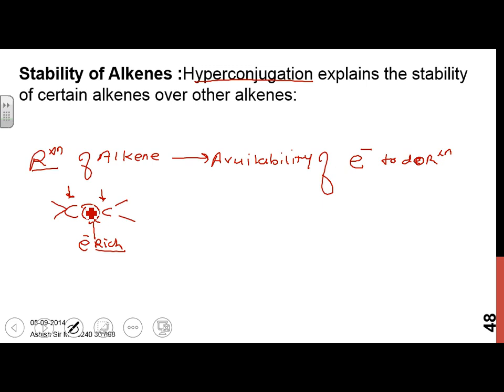And normally reactivity is how easily it will give away this electron to another reactant. Reactant we also call attacking reagent.